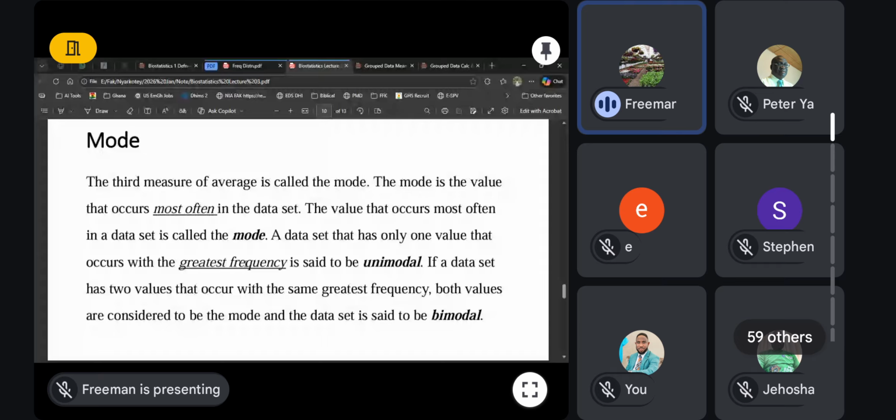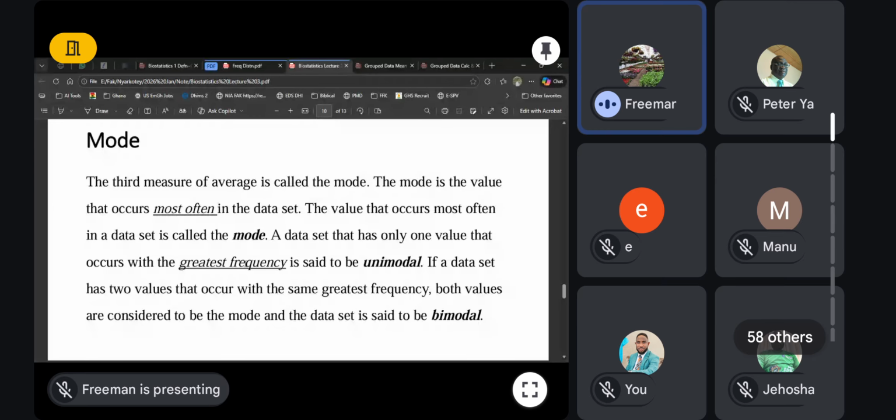Any question about the mode? So please, doctor, the modal and the mode, which one is the best? When you come across a modal number or mode, is there anything different? Mode is a noun.